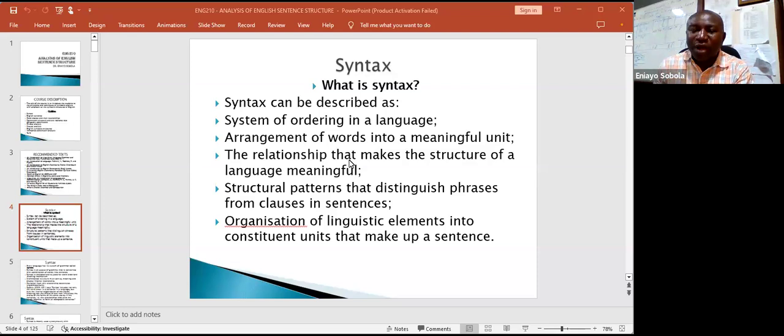But there should be a particular adjective that has something in common with that noun. And for you to use an adverb with a verb, that adverb must have something in common with that verb before they can go together. Not just any adverb anyhow with any verb, not just any adjective anyhow with any noun. There must be a relationship between them.